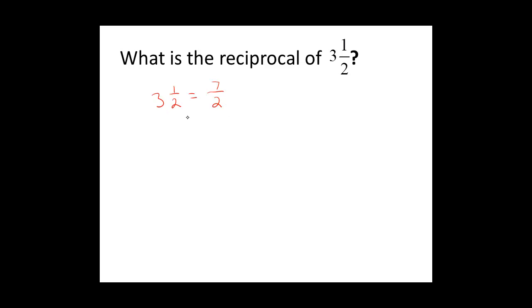So 3 1/2 is equal to 7/2, so the reciprocal of 7/2 is this fraction with the numerator in the denominator and the denominator in the numerator. Sometimes we say the reciprocal is the fraction flipped.